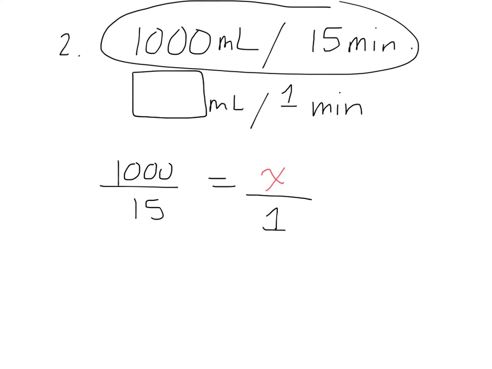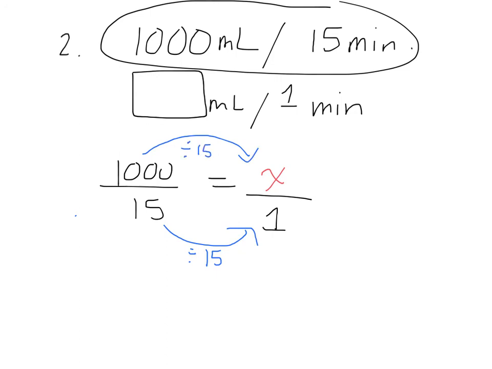We can cross multiply like we did yesterday, or you can find what's referred to as the scale factor. How did I get from here to here? The number is getting smaller, so would you multiply or divide? 15 divided by what is 1? Anytime you divide a number by itself, you get 1. So what do you have to do to the numerator?